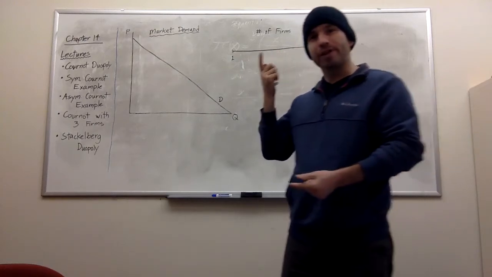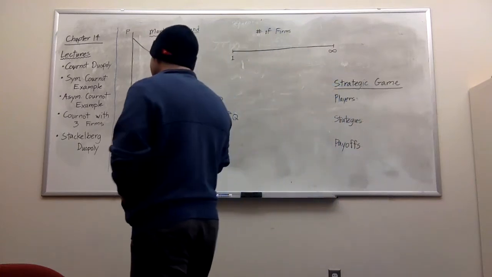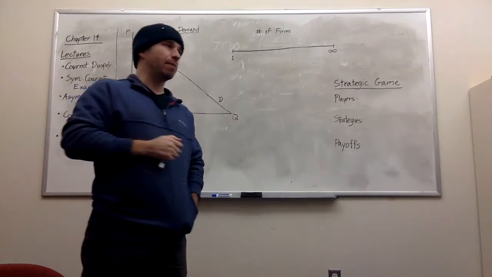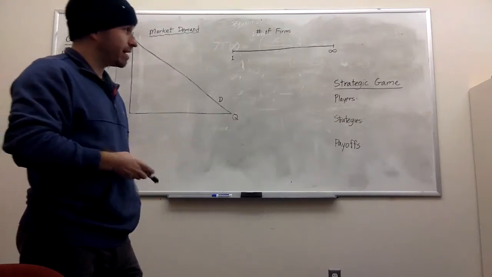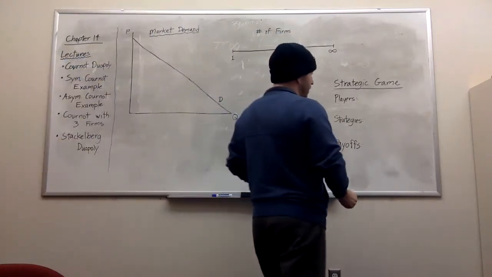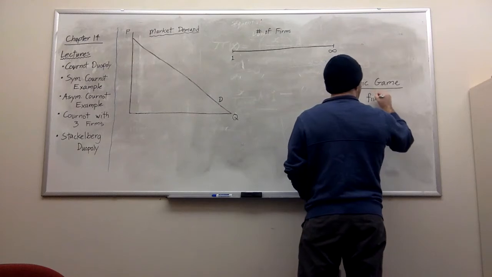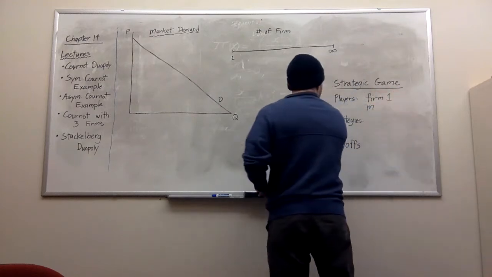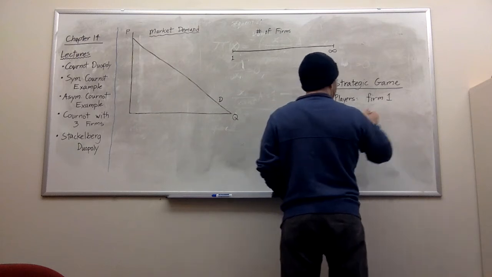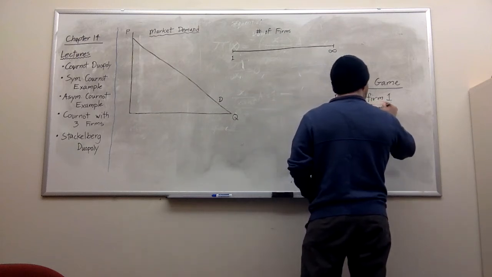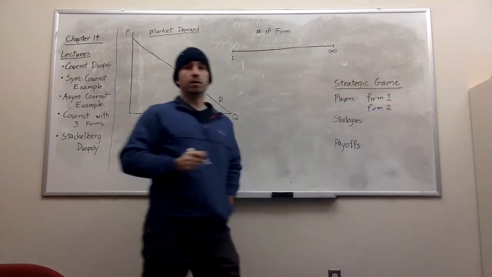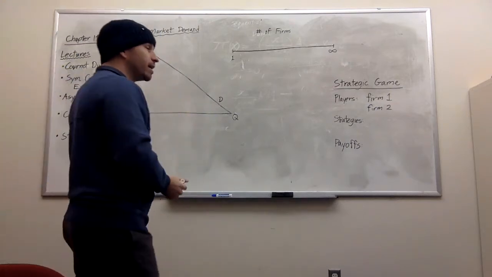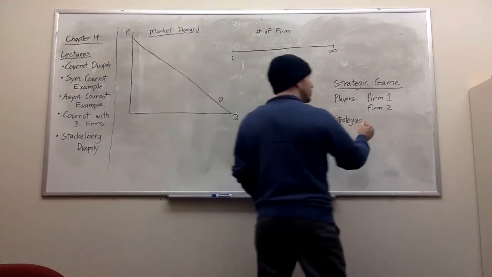Which, hopefully, is that strategic game setting that we already set up last week with game theory, right? Now we have two players in the duopoly setting. We have firm one and firm two, right? And their strategies are the quantity that they would choose to produce.